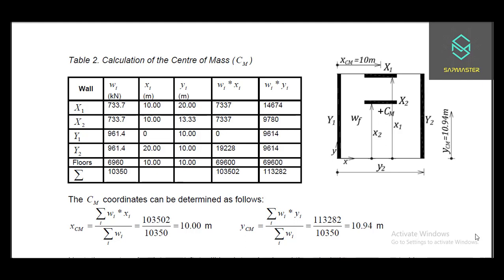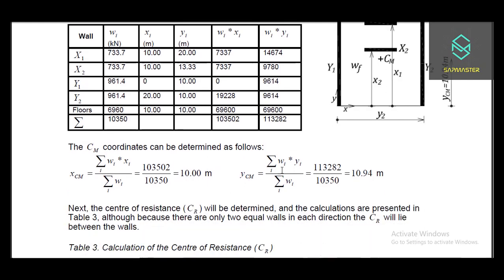There is no need for me to go into details, I believe, because it's a very simple calculation. So you only need to have the summation of Wi Xi, so each of these together should be multiplied and divided by the total weight of walls, and then again you will do the same for the Y direction and you will have it.